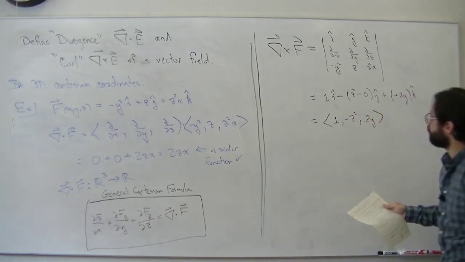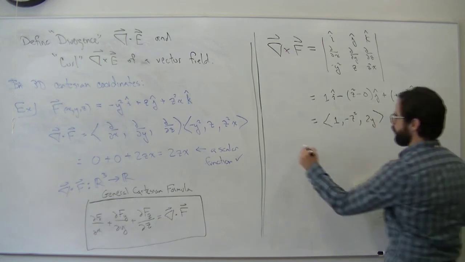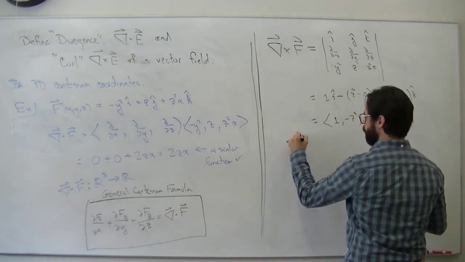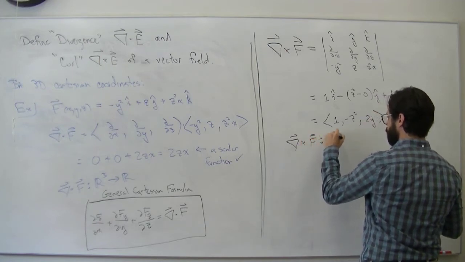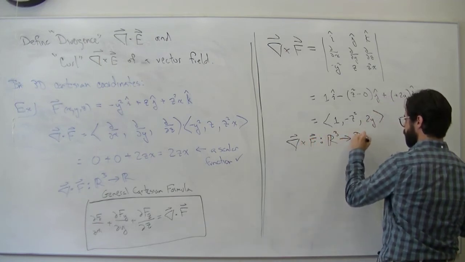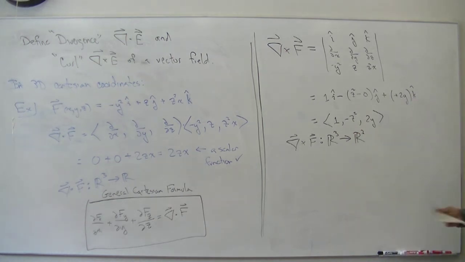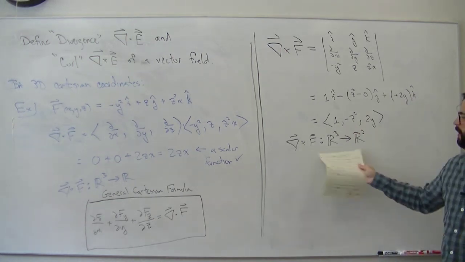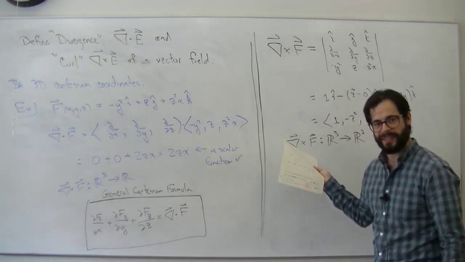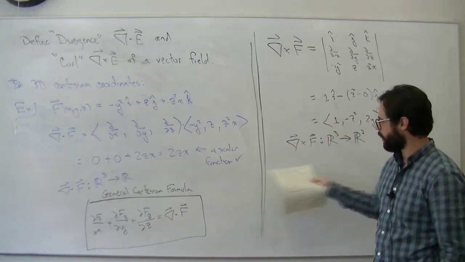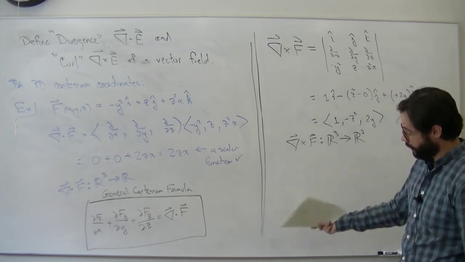So as promised, this is a mapping from vectors to vectors. Okay. One of the things we're not going to talk about in this class is which dimensions you can actually define these things in, del, grad, or gradient and divergence and curl.